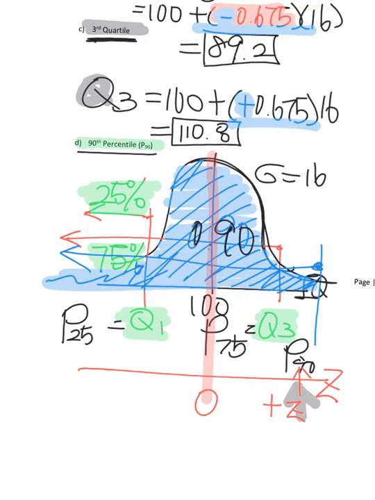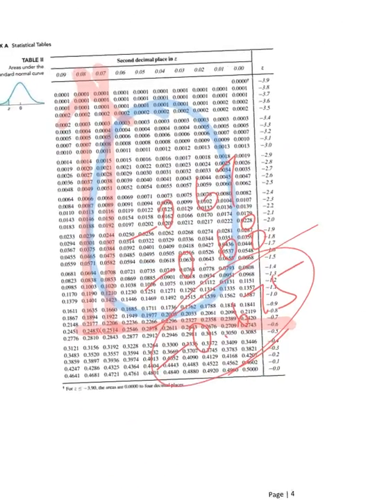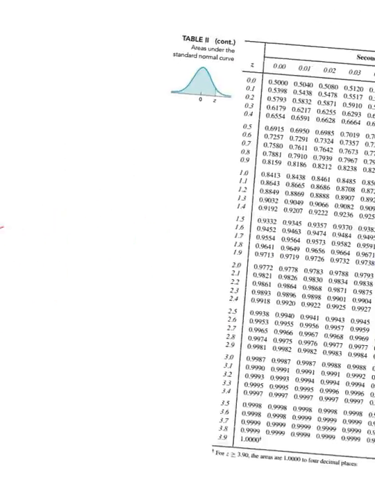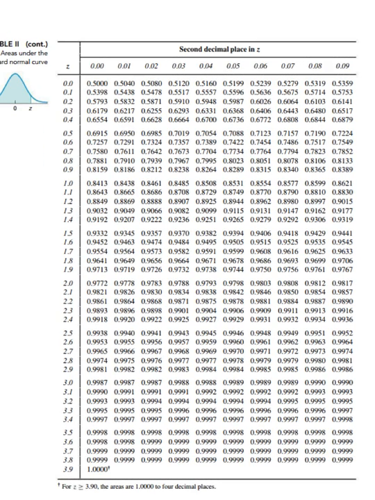Then I have to go to the positive z-table, before it was the negative one. And what was the probability? 0.9. So where is the 0.9?